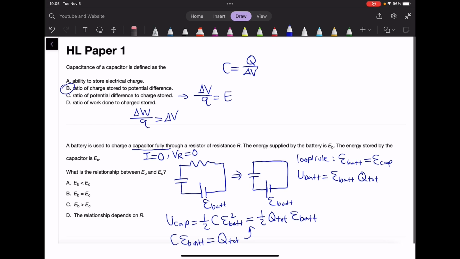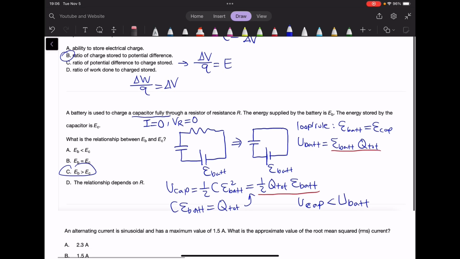And from the two expressions, we can see that the energy stored by the capacitor is only a half of the energy stored by the battery. So energy stored by the capacitor is less than energy stored by the battery. C is the solution.